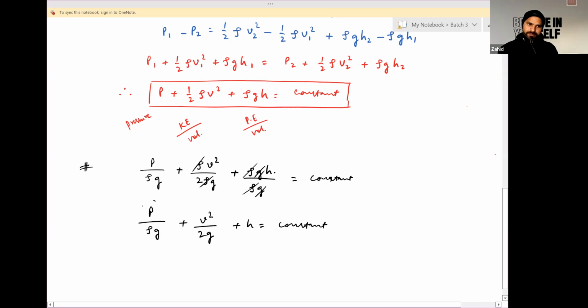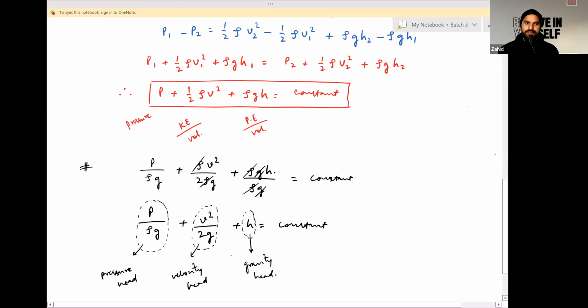Now this expression, pressure divided by rho times g, is called pressure head. Velocity square divided by 2 times gravity is called velocity head. And this height is called gravity head.